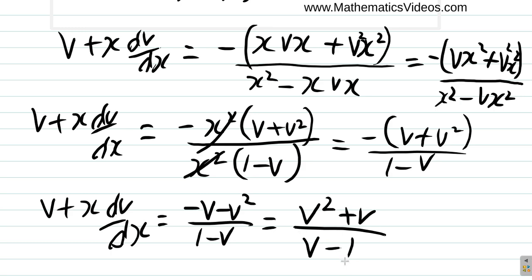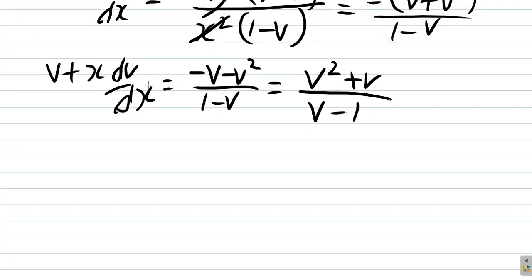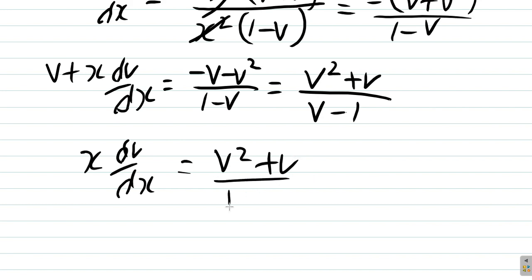Alright, so that's what we have here. Now, let's see what will happen here. We can multiply, no, let's subtract v. So you have x dv by dx equal v squared plus v over v minus 1 minus v over 1.